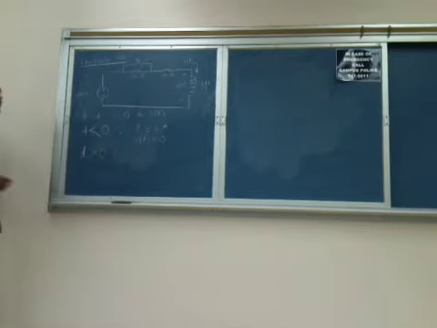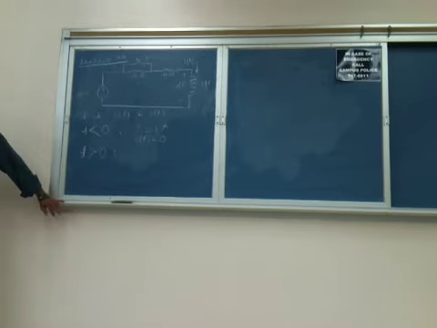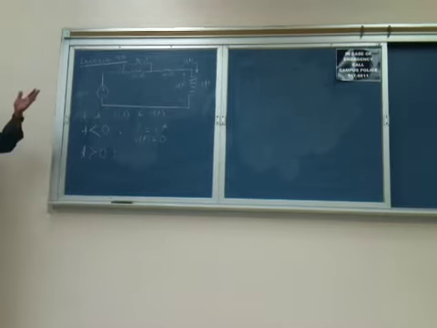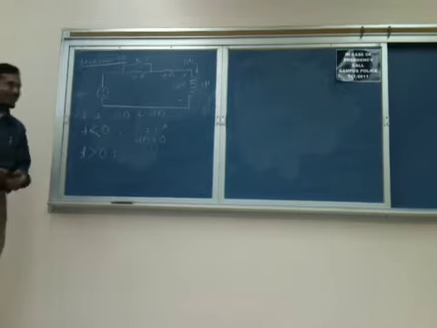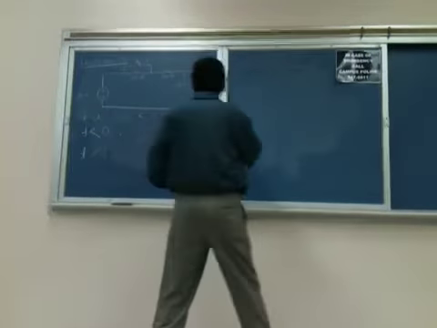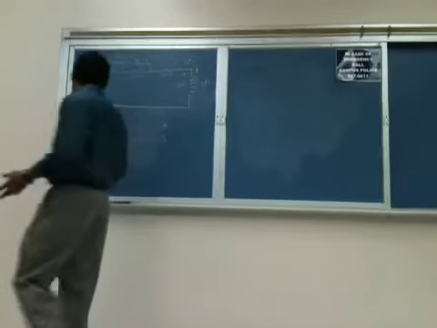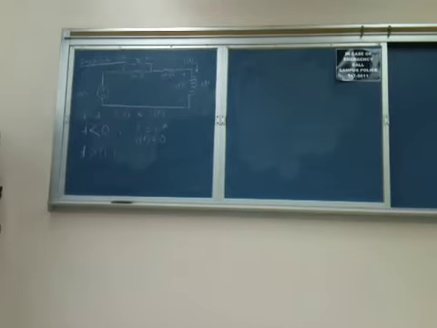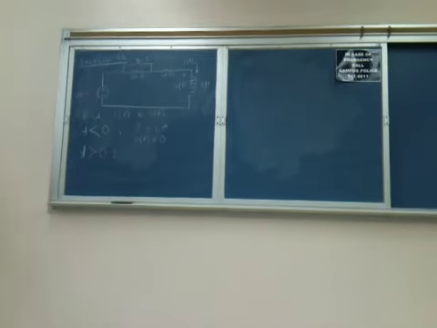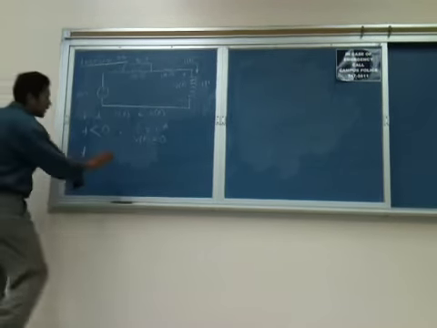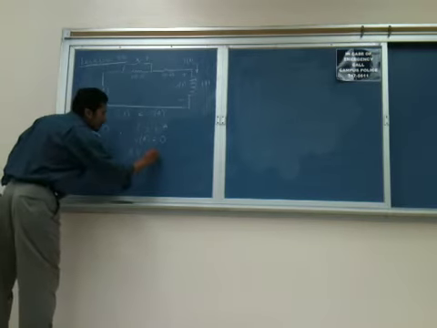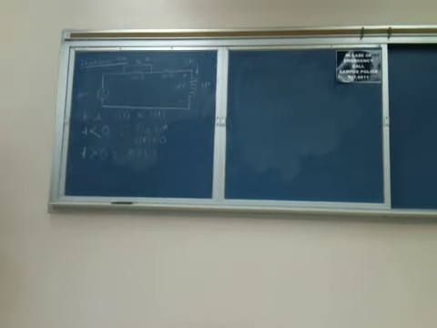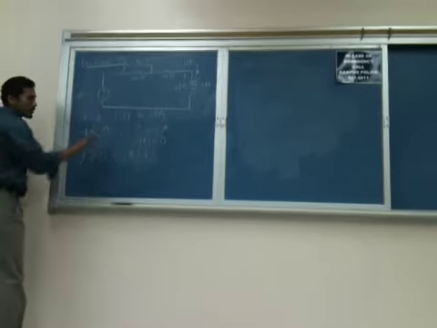Let's try to write the KVL, KCL, whatever. You will have to write both in fact. KCL, okay. We combine the resistors first. Yes, of course, you can combine the resistances. That's fine. Now, if we do the KVL, what's going to be the KVL equation?